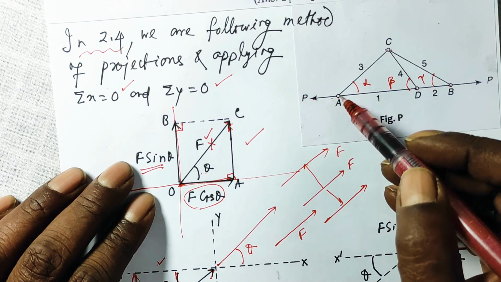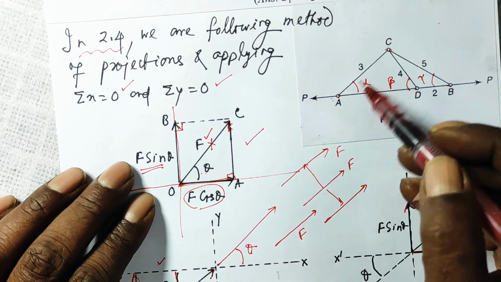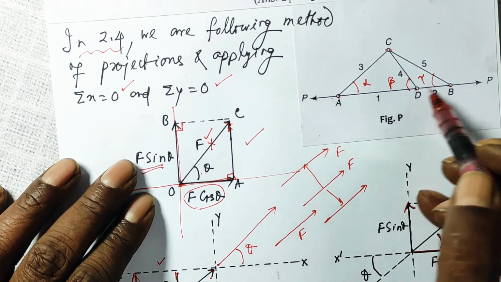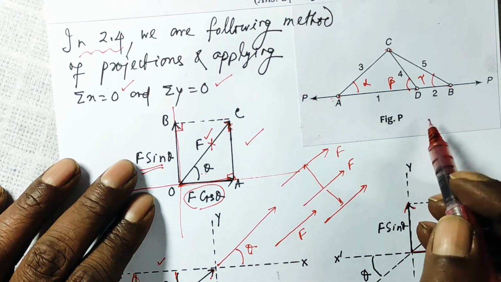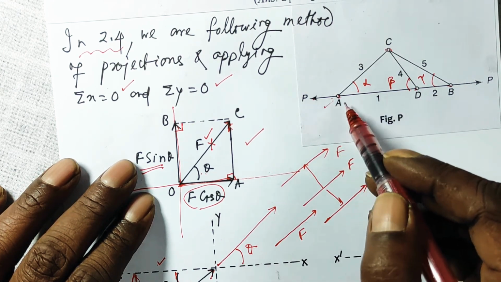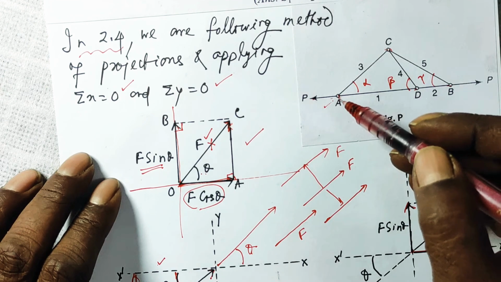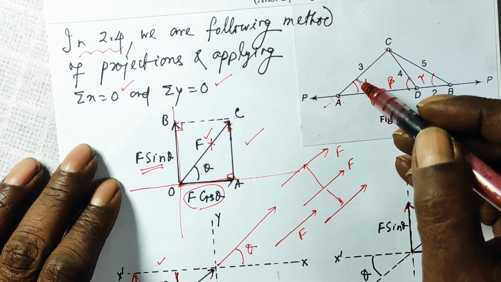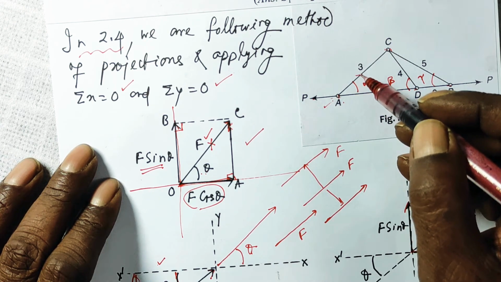So these bars are pin jointed at A, C, D and B. So the bar AC will be under tension, the bar AD will be under tension, the bar CB will be under tension. So let us consider the point A. Since AC will be under tension, let the tensile force be S3.